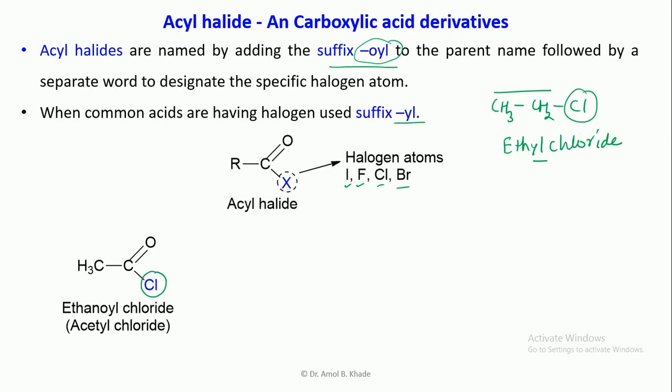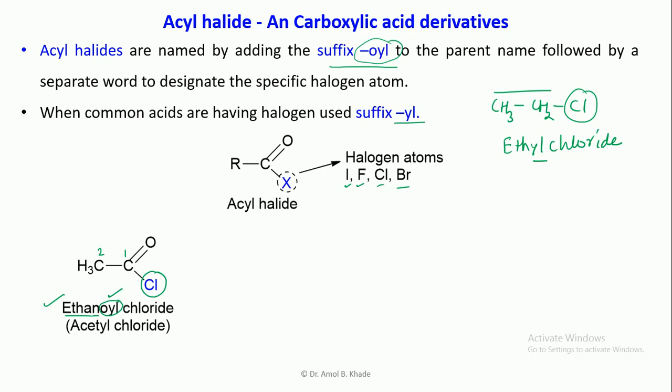The parent chain is this one, 1 and 2, so we have to count the carbon of the carboxylic acid or the carbonyl group. It is ethane, the e is dropped and oyl is suffixed, so it is ethanoyl chloride. That is the correct IUPAC name for this structure, and it is very commonly referred to as acetyl chloride.